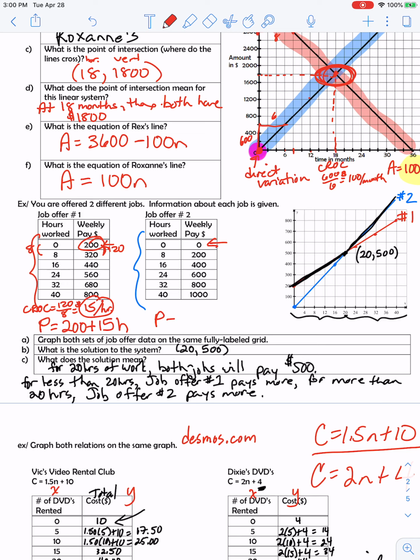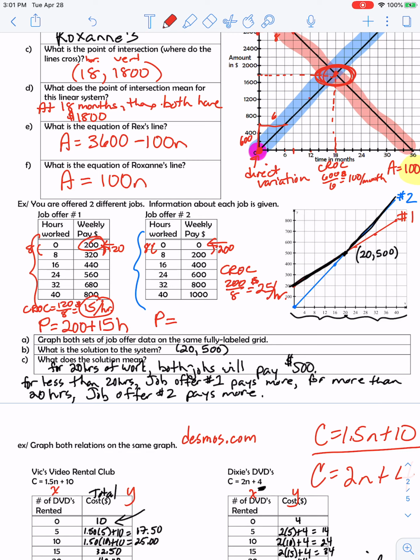So pay starts off at 0. It's going up $200 every 8 hours. So the rate on that one is 200 over 8, which I think is $25 per hour. So for job offer number 2, there is no base pay. It's just an hourly rate.